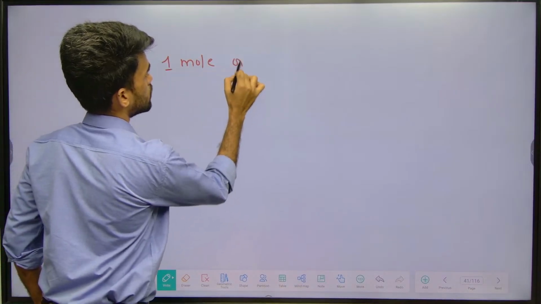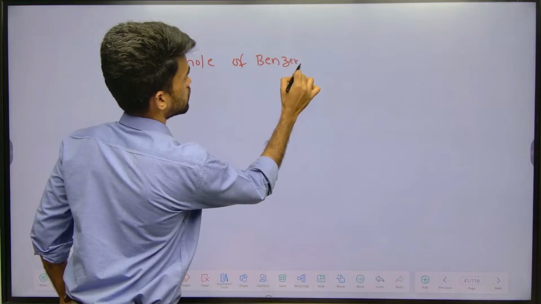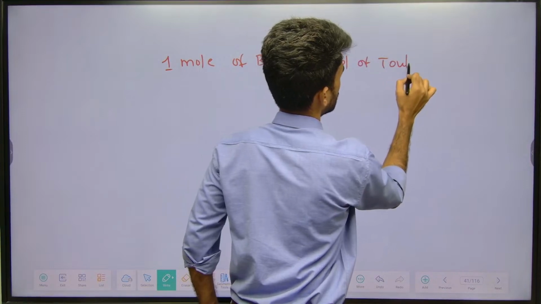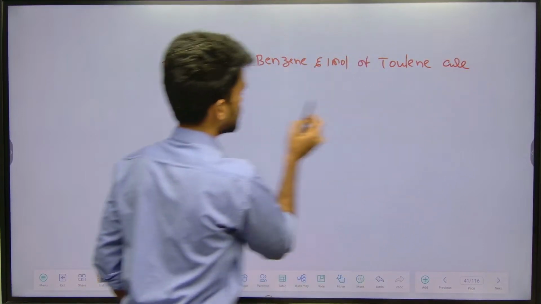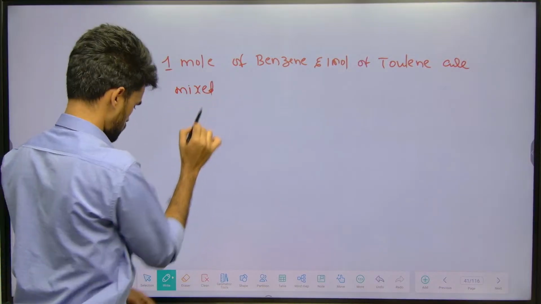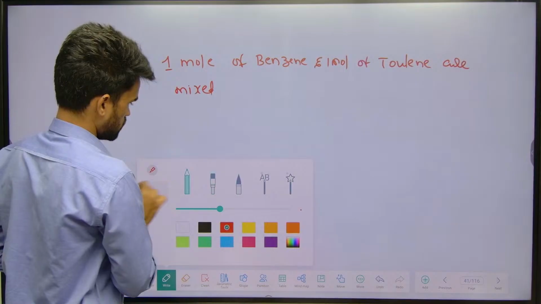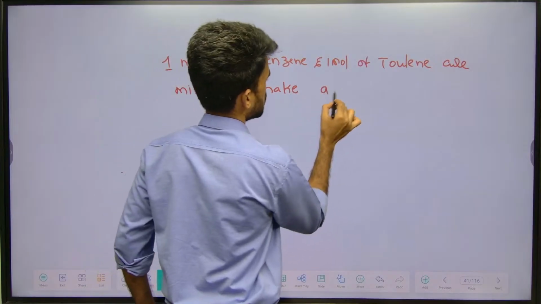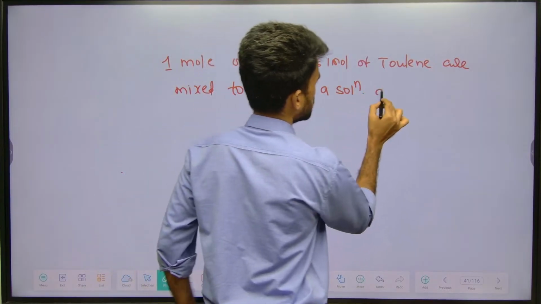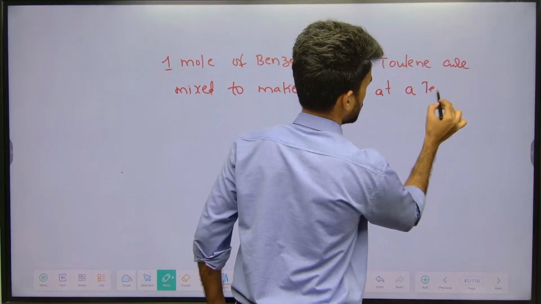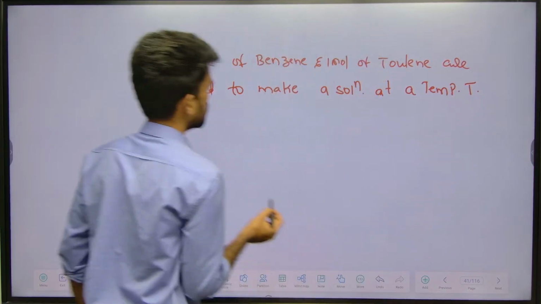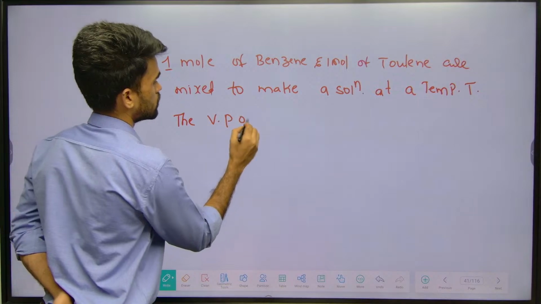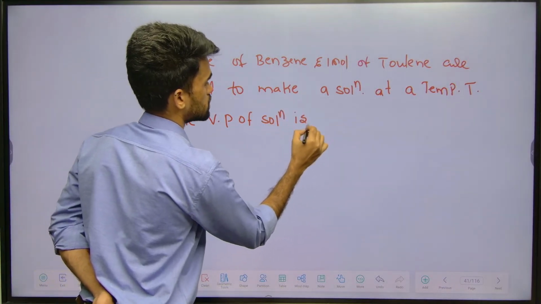1 mole of benzene and 1 mole of toluene are mixed to make a solution at a temperature T. Then what is the vapor pressure of the solution?